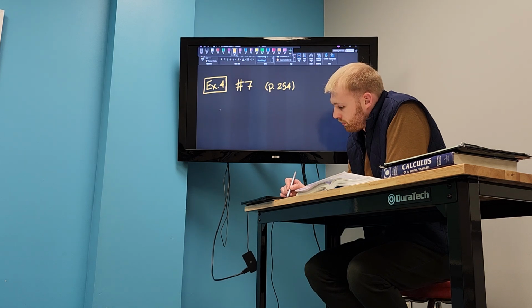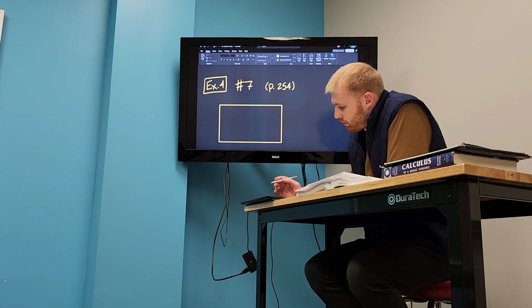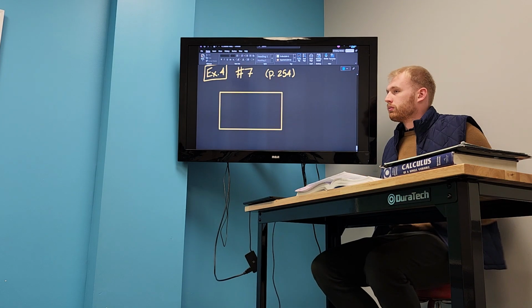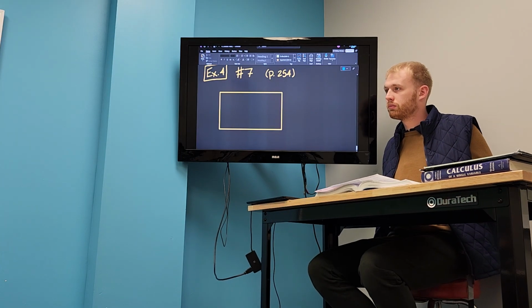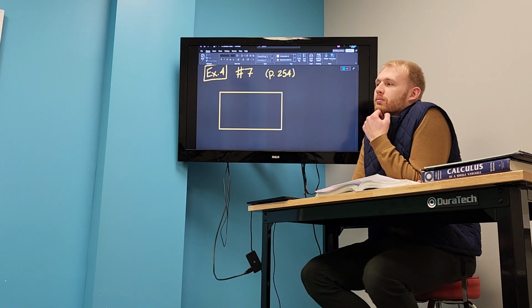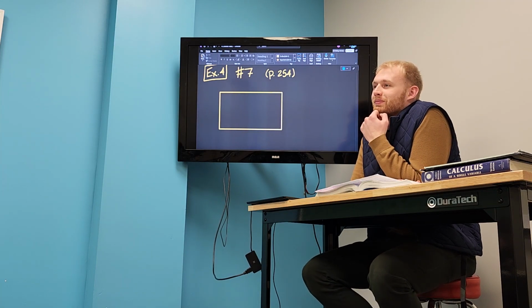This isn't a triangle. What's the formula for the area of the rectangle? Just length times width. So just use that.